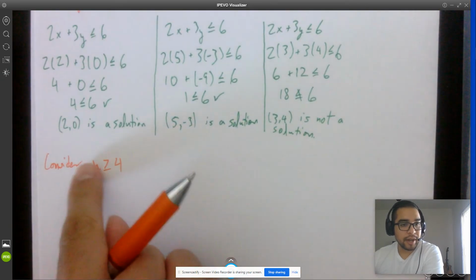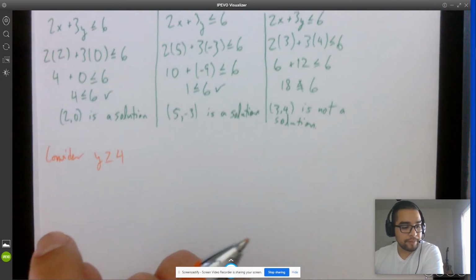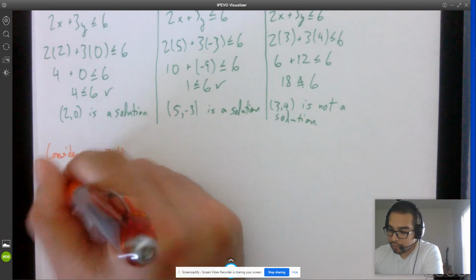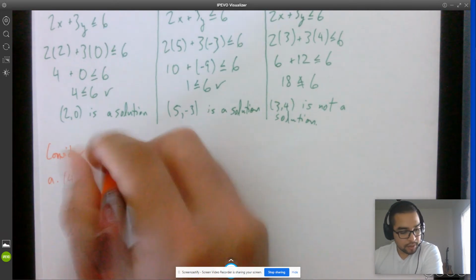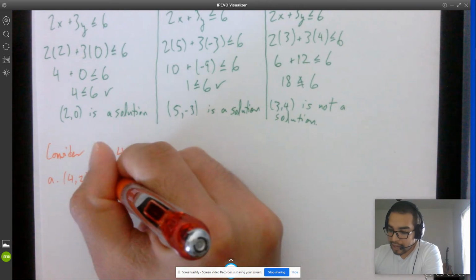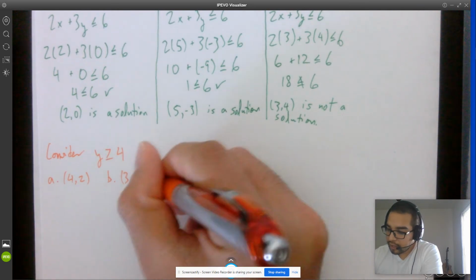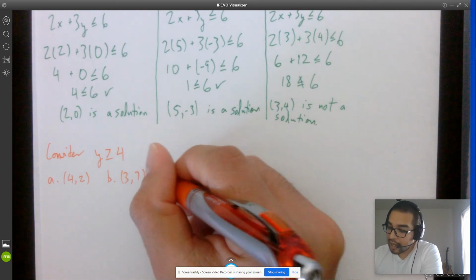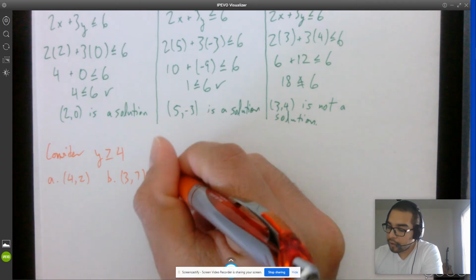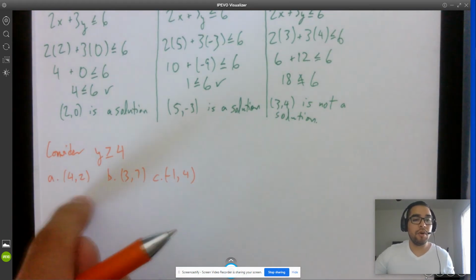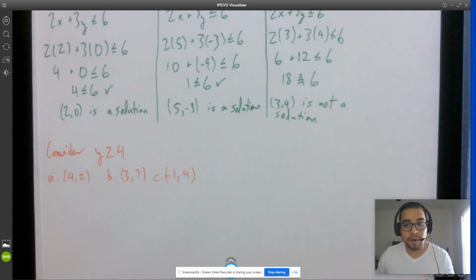Or excuse me, greater than or equal to 4. The coordinates that I'm going to check are (4, 2), (3, 7), and (-1, 4). I want to check to see if these coordinates are solutions to this inequality.